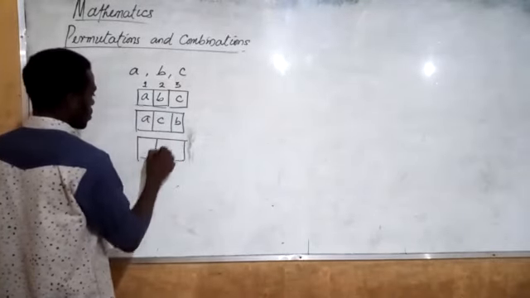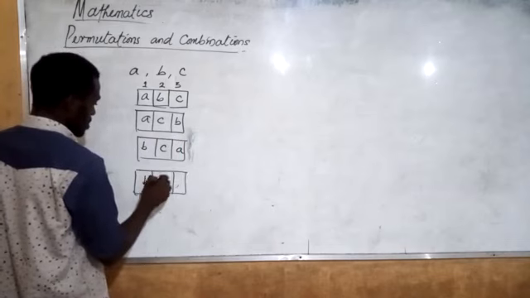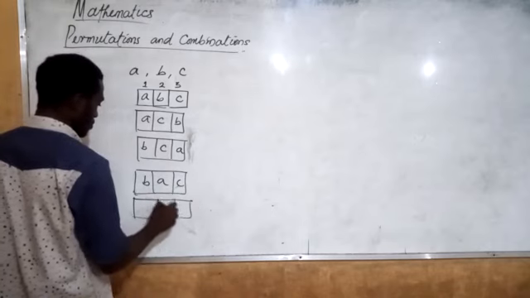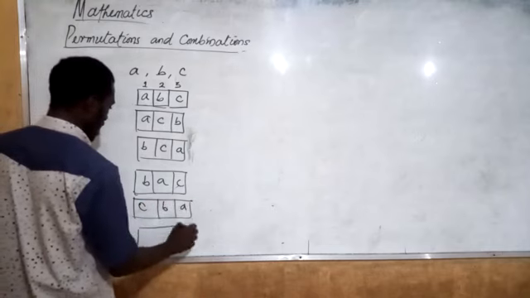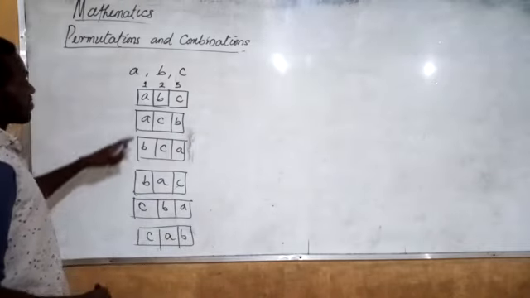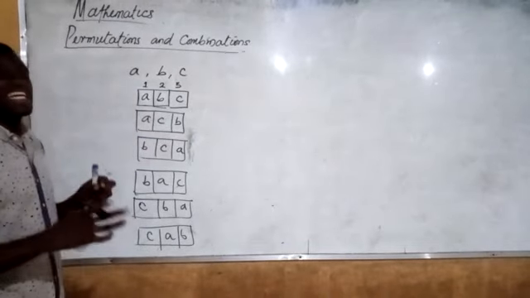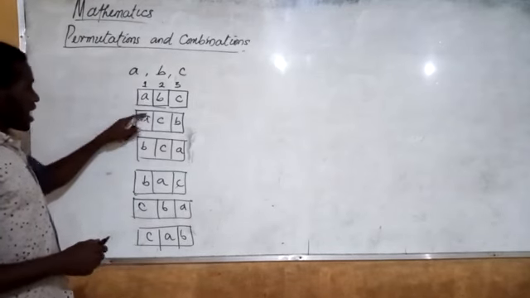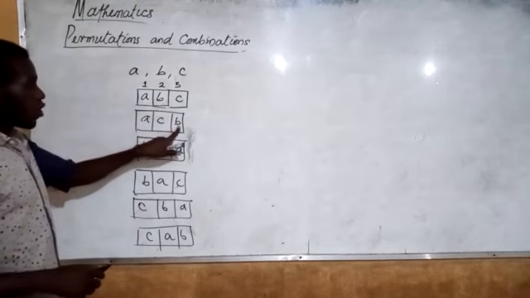B, C, A, or like this? B, A, and C, or I otherwise arrange like this again? C, B, A, or finally I arrange like this? C, A, B. Looking at this, I have exhausted all the possible arrangements that I can have. Either I start with A here, and then next put B or put C, and then put C or put B next.